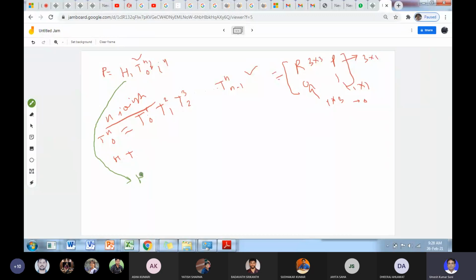This is called the homogeneous coordinate conversion matrix.